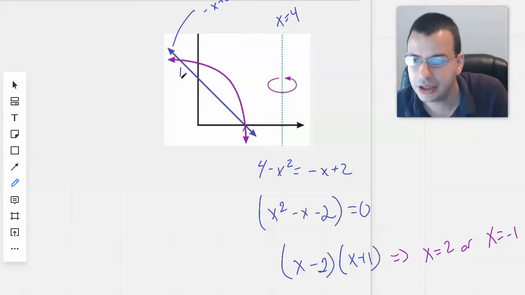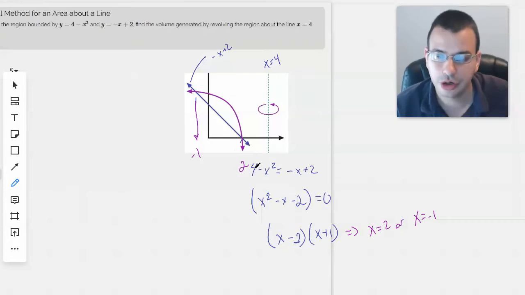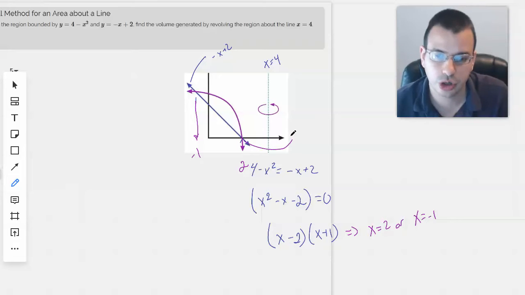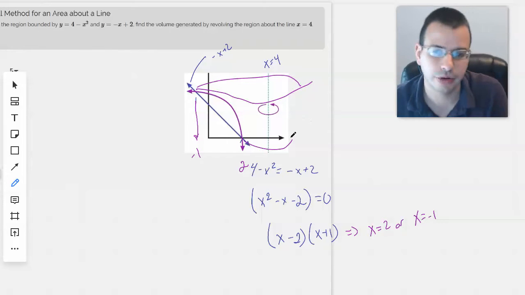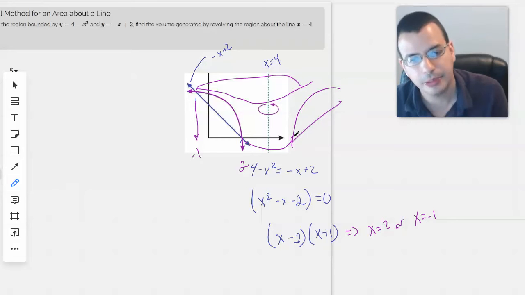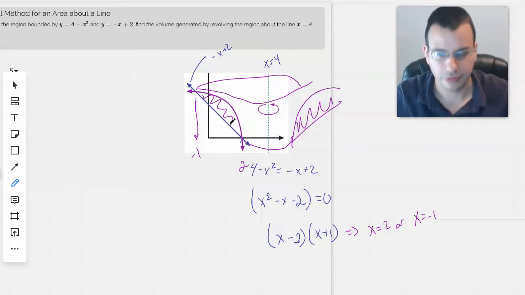So this will be negative 1. This will be 2. And so what we're going to do then is we're going to make a shape. It looks kind of like this. I know that's a terrible shape. And we're looking for this volume right here when the shape is revolved.